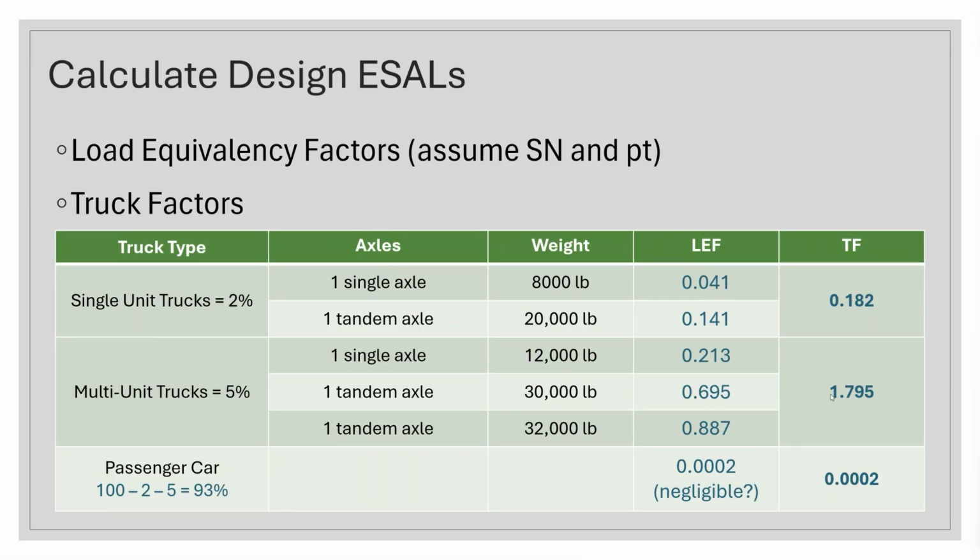And then just for grins, we'll go ahead and throw in those passenger cars. If I take the 7% away, that was trucks, that means 93% of my traffic stream is passenger cars. The load equivalency factor, basically 0.0002 is a common number that's used. Some people prefer to not even count passenger cars because it's such a small factor.